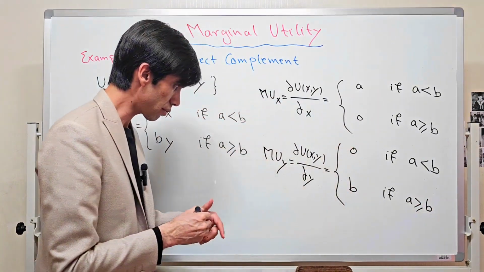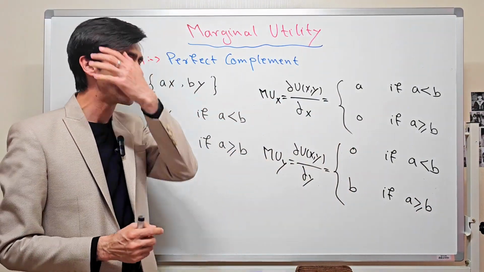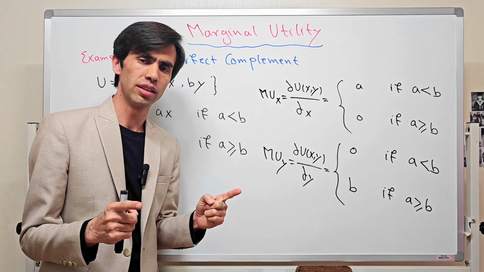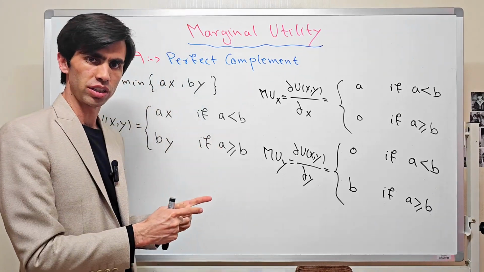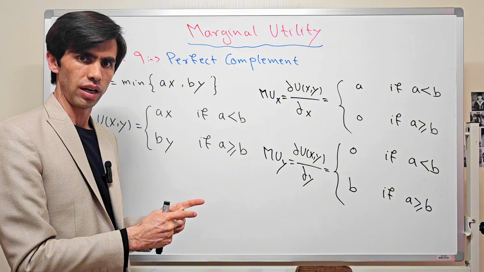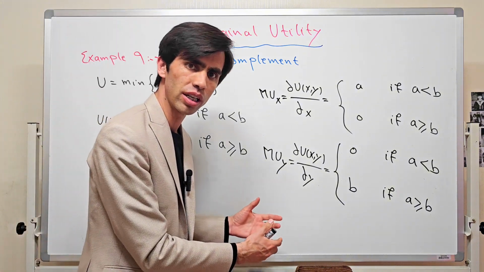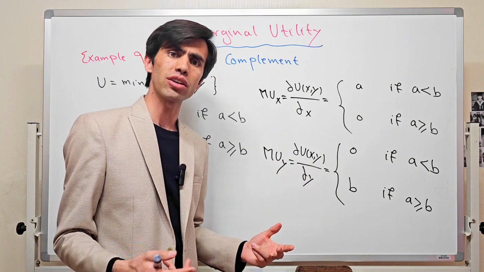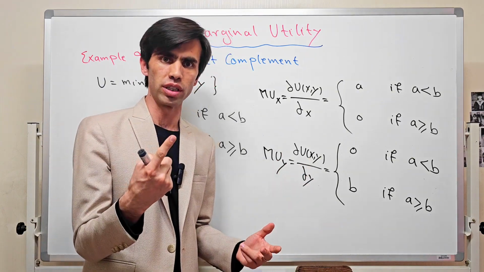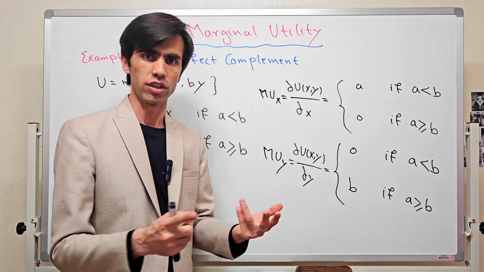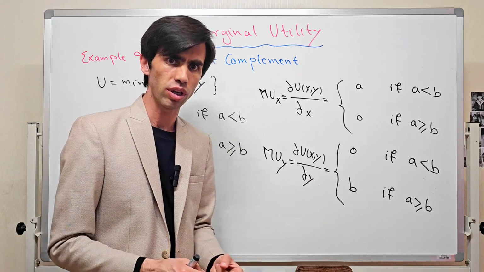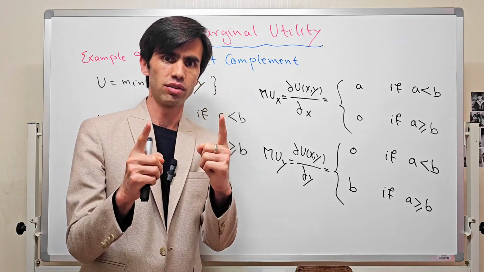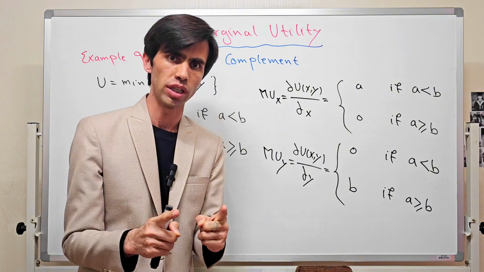So we don't have one specific marginal utility for the perfect complement utility function as we had for other types of utility function. For Cobb-Douglas, for CES, for perfect substitute, we only had one format of marginal utility.